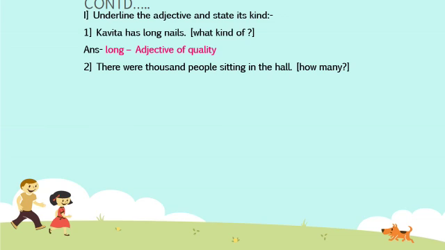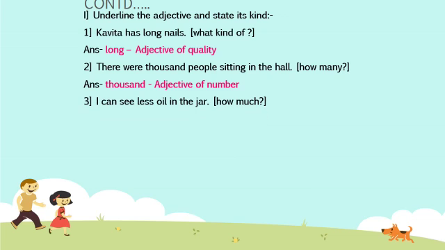How many people were sitting in the hall? There were 1,000 people sitting in the hall. So the word 1,000 here becomes the adjective of number because it answers the question how many.